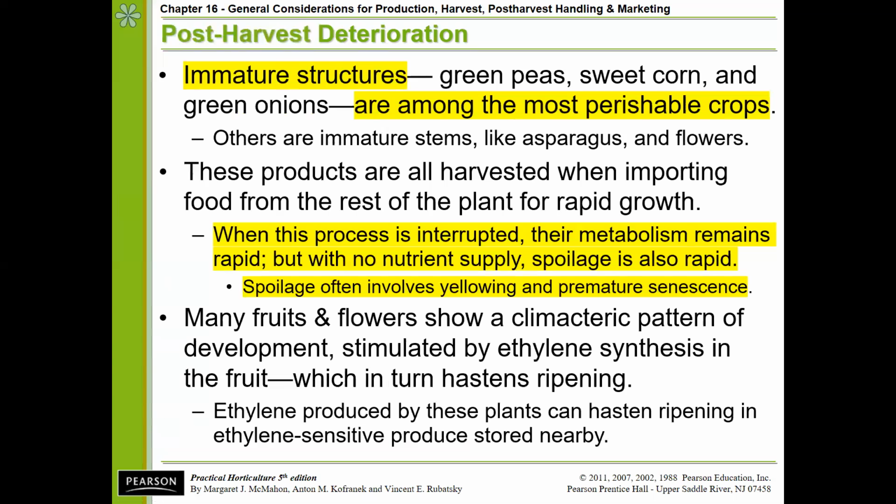As we talked about before, in many cases we actually use ethylene to hasten the ripening of some crops. Like tomatoes and bananas, we often pick them green and then gas them with ethylene so that they continue to mature off the plant.